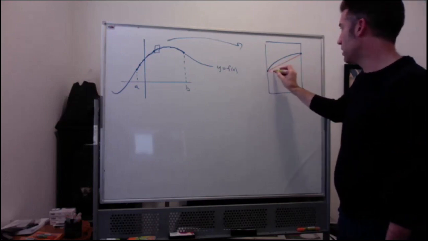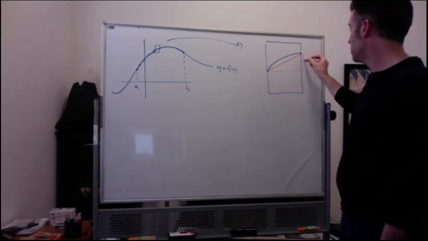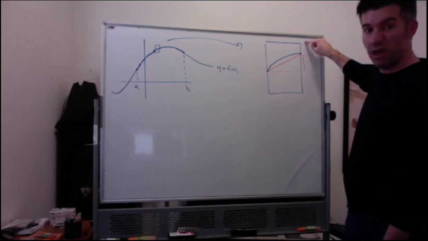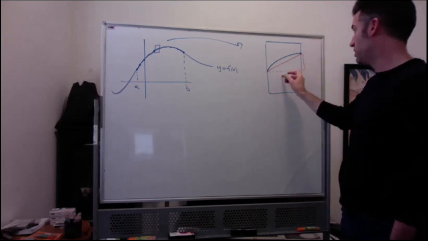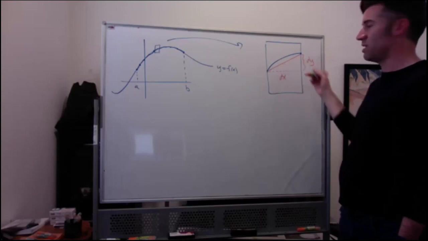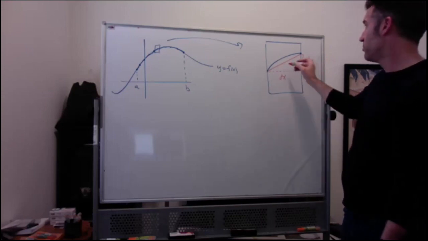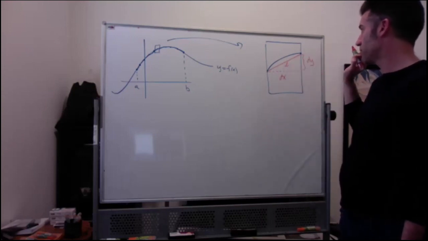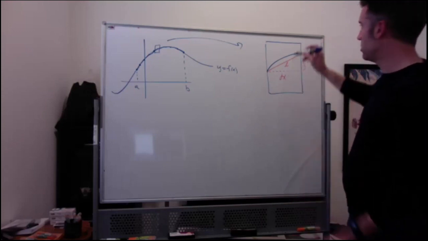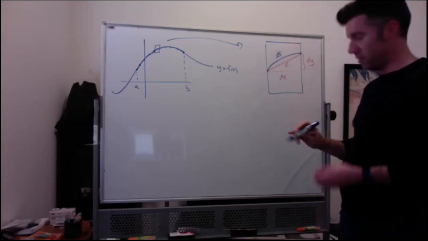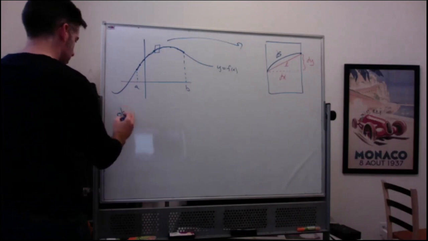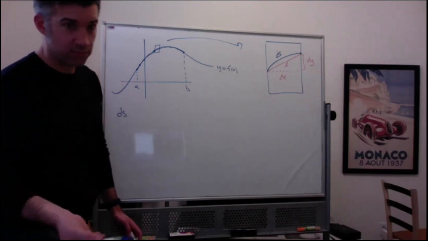So the idea here is that this is a small change in x, this is a small change in y. So this is dx, this is dy. And this thing here, which I like to call ds, is the small change in the arc length.